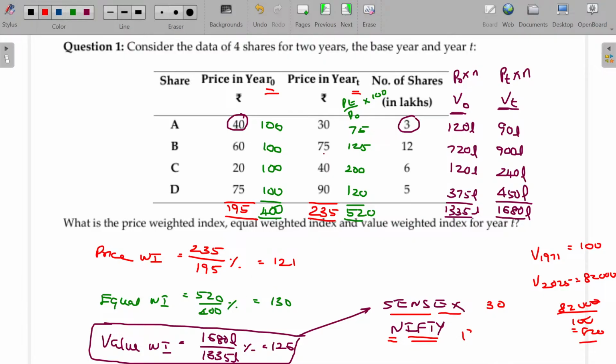In 1995, the value of the 50 companies is considered as 1000, and in 2025, these 50 companies' shares are trading around 22,000 today. 22 times growth.